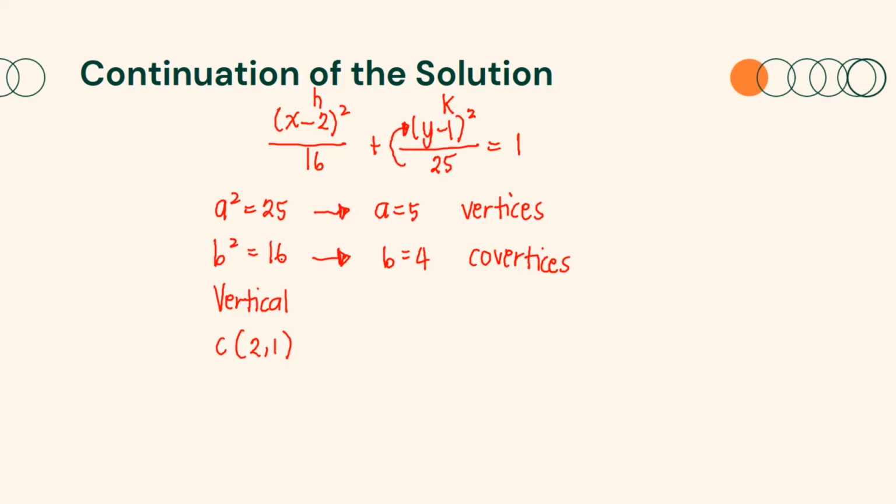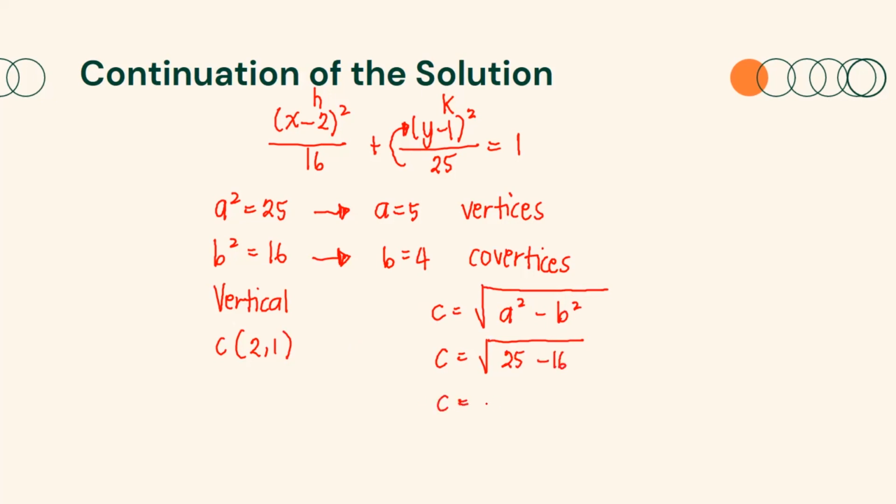For the foci, we need to solve for the value of c using the formula c equals square root of a squared minus b squared. Using the values of a squared and b squared to be 25 and 16 respectively, then c is equal to the square root of 25 minus 16.